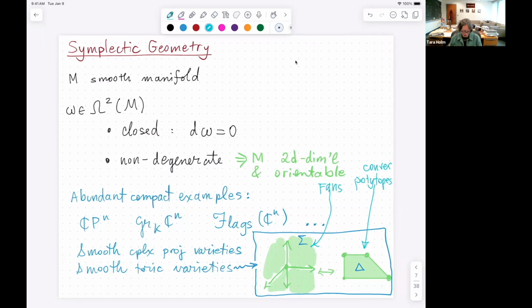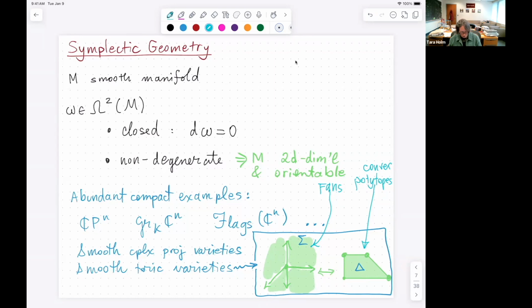So you can reconstruct a fan from a convex polytope by taking the rays of the fan to be the inward pointing normal vectors to the facets of the polytope and then choosing a cone whenever a collection of facets intersects non-trivially.